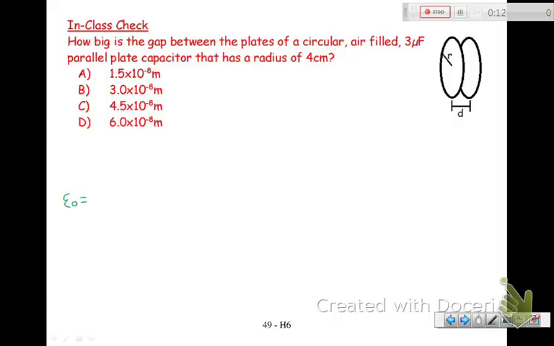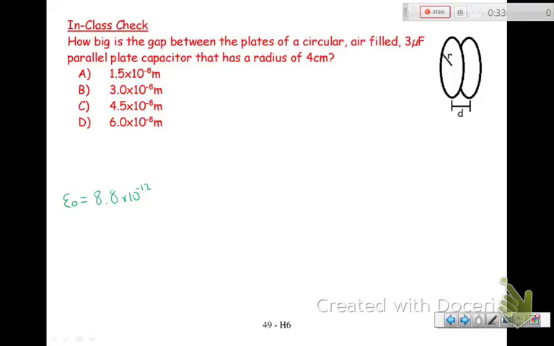Epsilon naught is equal to, I think it's 8.8 times 10 to the minus 12, something or other. I'm going to look it up. I don't carry that in my head. So let's have a quick look. Oh, close. Let's have a quick look.